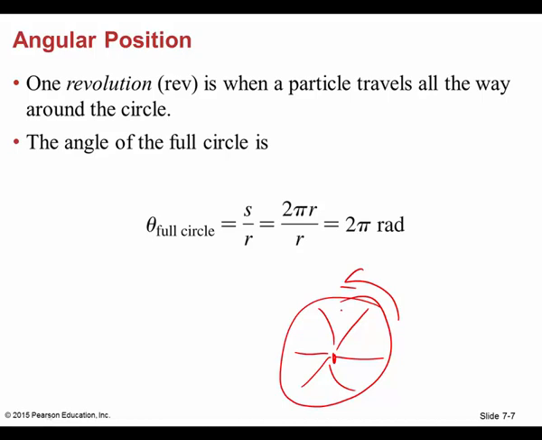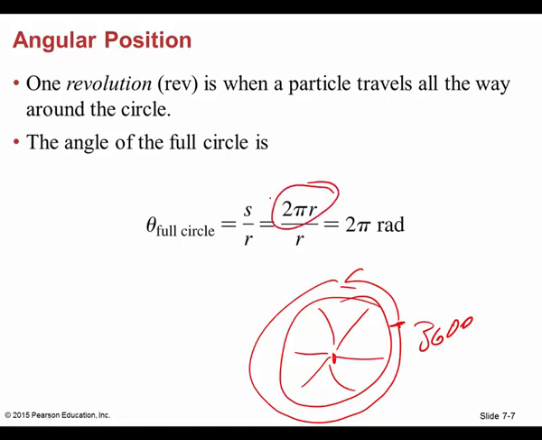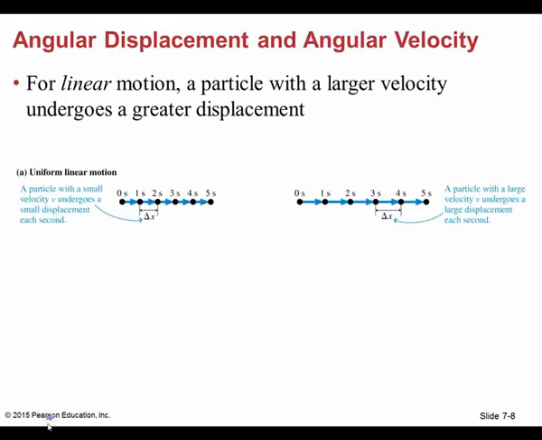If you think about it, when you make one complete revolution, that is 360 degrees, which is the same as saying 2 pi radians. So remember that. This is in radians and that's in degrees.